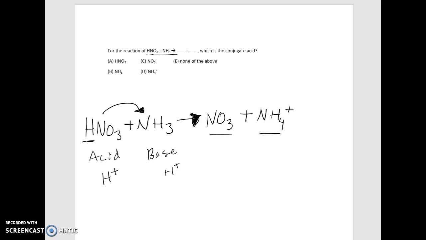So now, which one's the conjugate acid? Well, the one that accepted the proton, the one that has a new proton, is the conjugate acid, and the other one is the conjugate base.